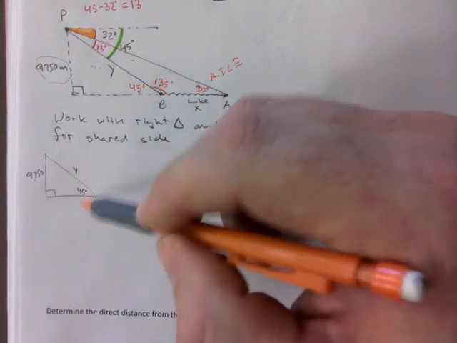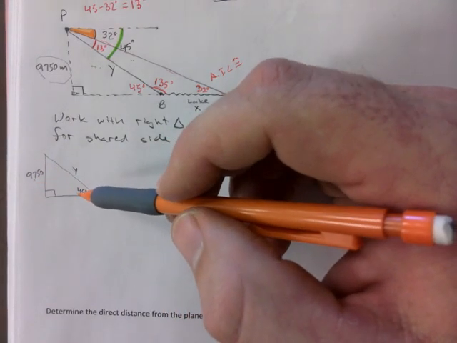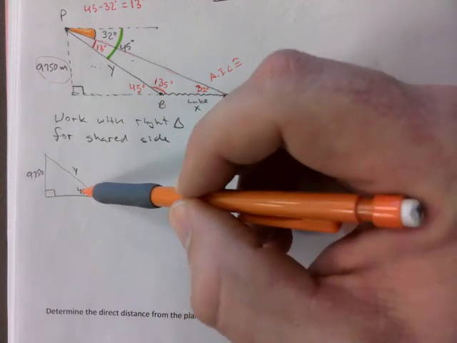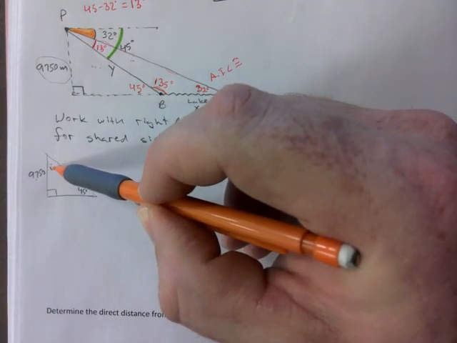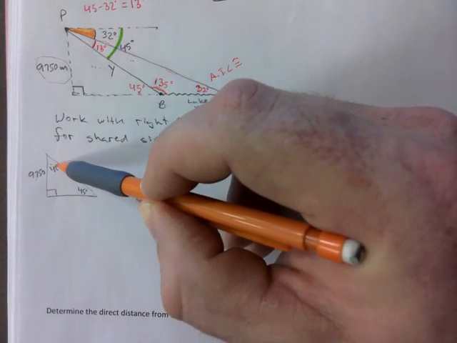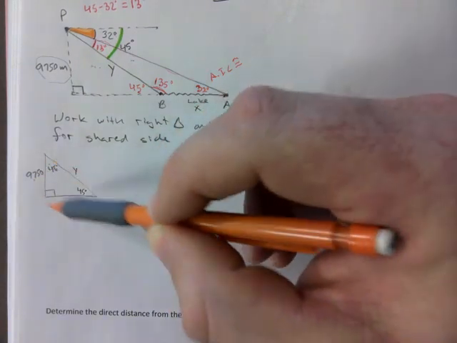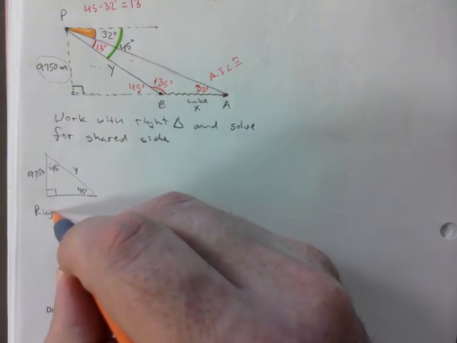Quick fact about this triangle. What kind of triangle is this? A right triangle, but it's more specific. If this is 90 and this is 45, what's this one? It's actually also 45. If two angles are the same, this is called an isosceles right triangle.